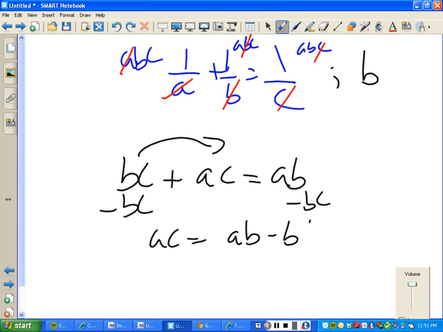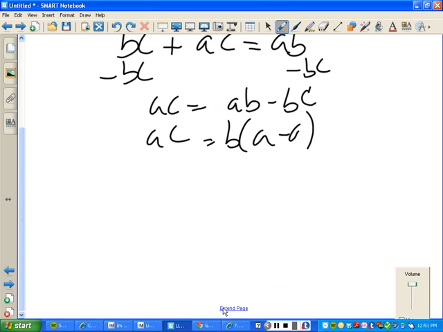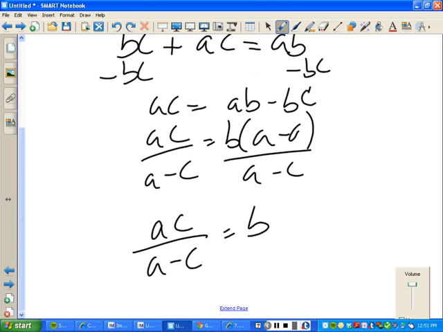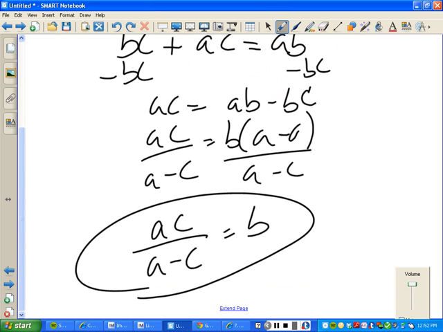Factor out B, you're left with A minus C. That's a C, I don't care what it looks like. Divide by A minus C, and you get AC over A minus C equals B. Any questions?